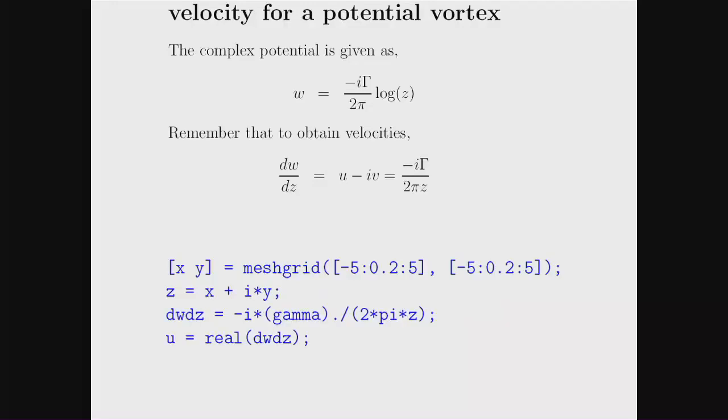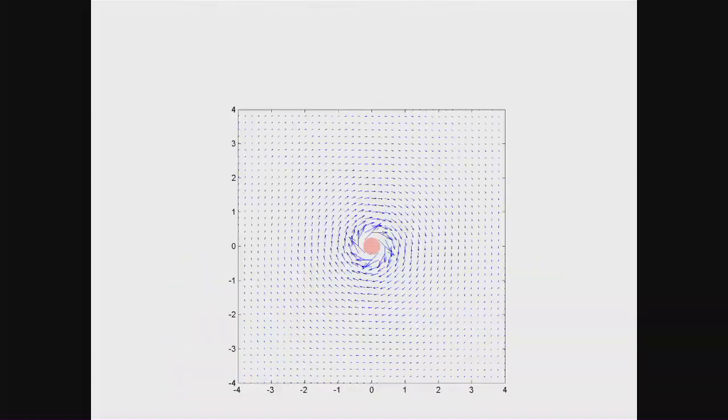So in MATLAB, you can very easily then plot the velocities u and v. I'm going to use quiver to look at the velocity vectors for a potential vortex. Your velocity vectors will look something like this.